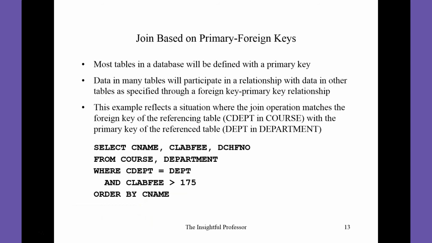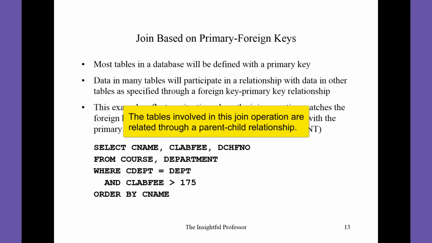Most tables defined in a database will have an associated primary key. Also note that data in many tables will participate in a relationship with data in other tables, as specified through a foreign key, primary key type of relationship. The example that we present here reflects perhaps a more realistic situation than that which we used with staff and department.